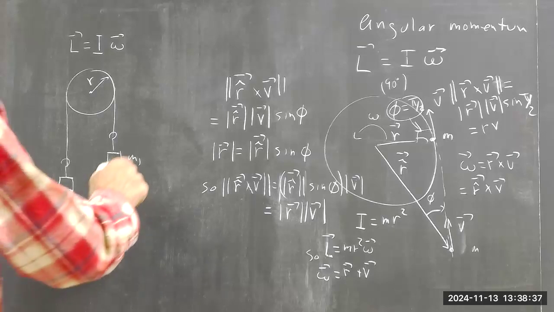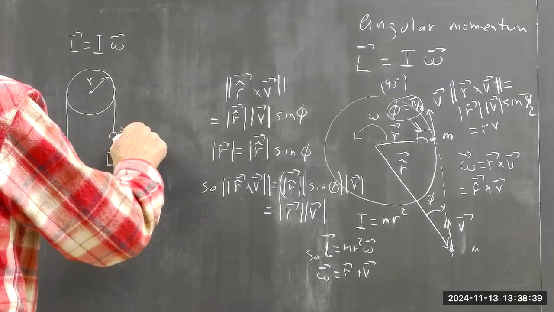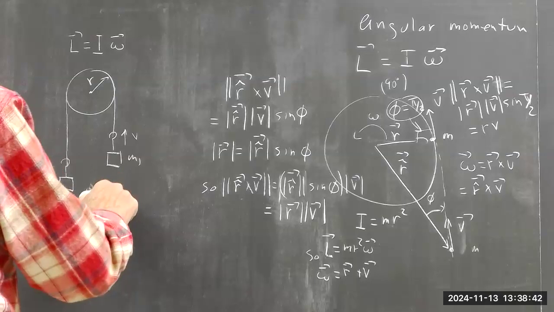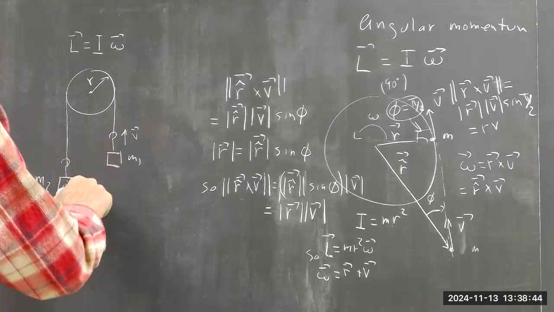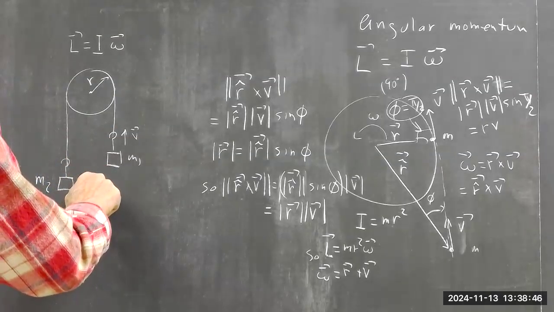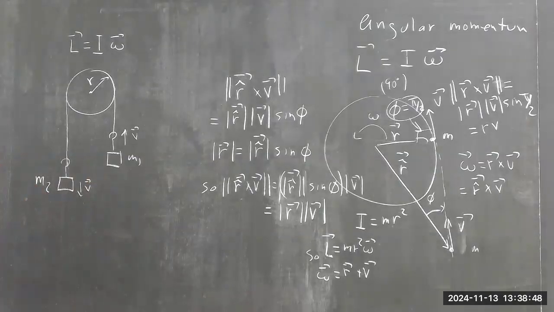But let's say that this thing is moving with velocity v in this direction, and this one's moving with velocity v in this direction.